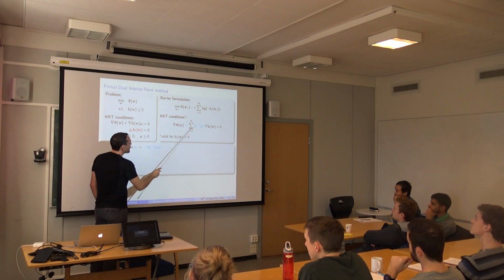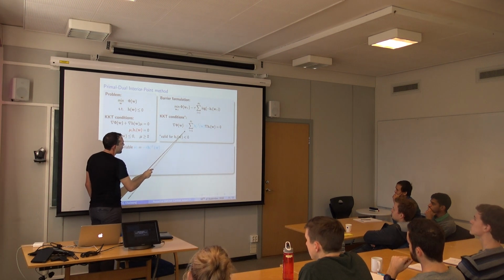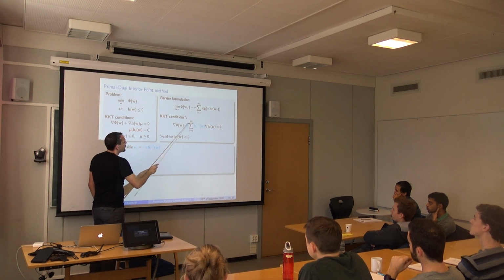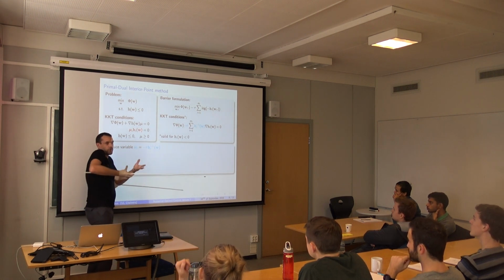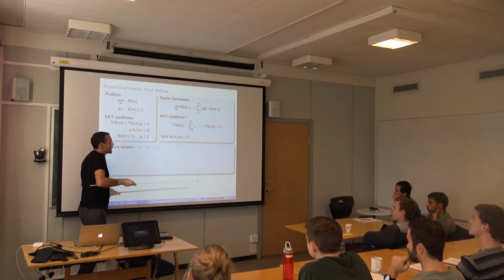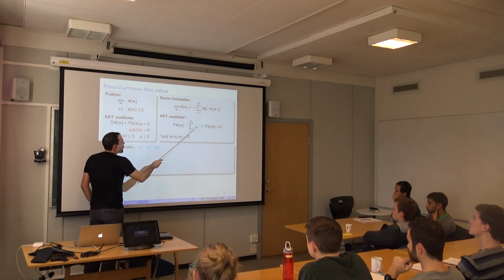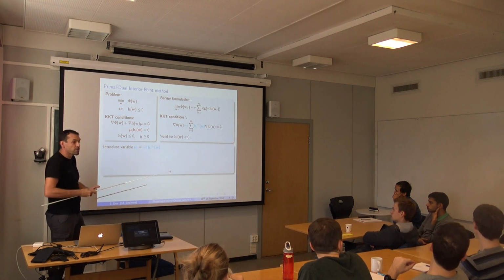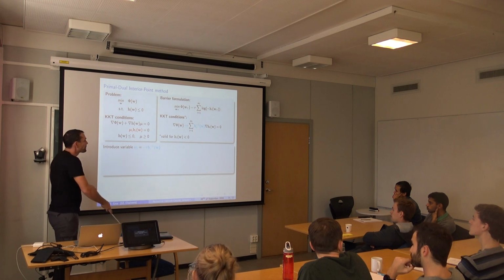So in your KKT condition, you have essentially something becoming very small and something becoming very high. And when you multiply them, it's supposed to come again to something of normal values. But in the computer, it's not cool to have to deal with large and small numbers multiplying each other, right? That's how you get problems.